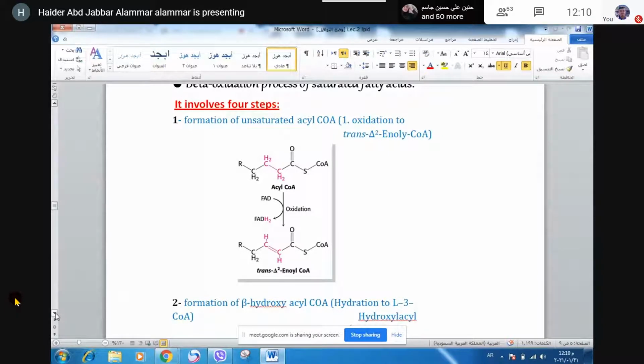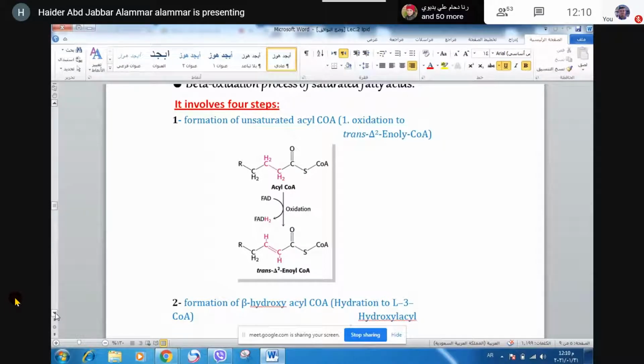Now, the activated fatty acid is available inside the mitochondrial matrix in the presence of the reducing equivalent FAD. This is catalyzed by what is called the acyl coenzyme A dehydrogenase enzyme. When we say oxidation, we mean dehydrogenase enzyme.